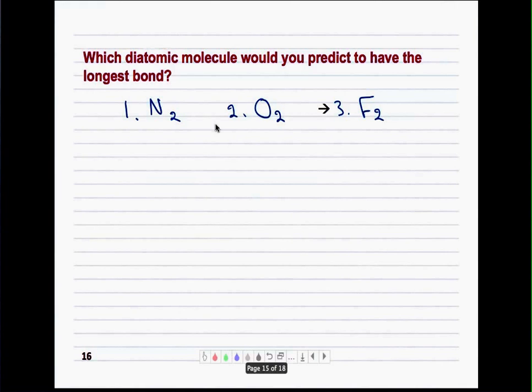Which diatomic molecule would you predict to have the longest bond? I'm going to stop it at 130.